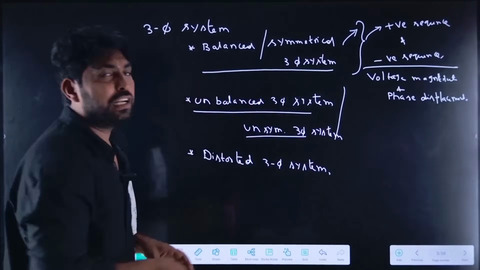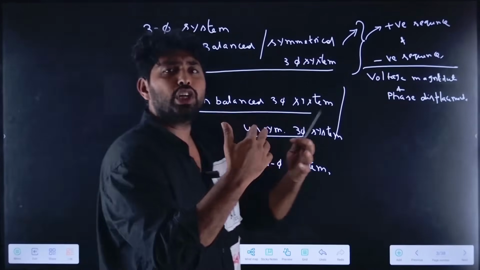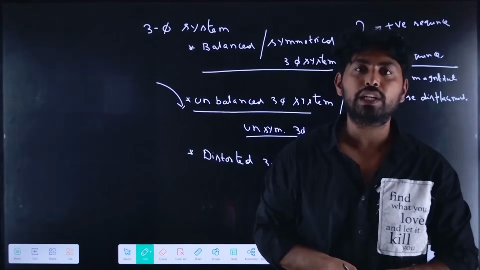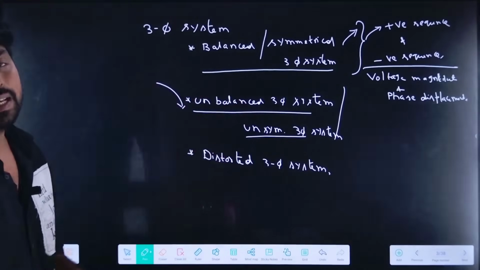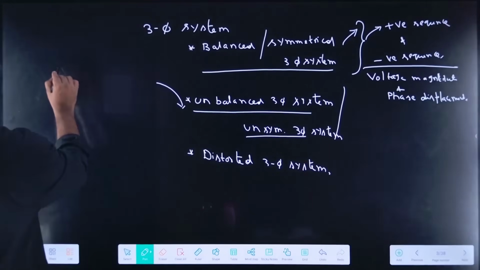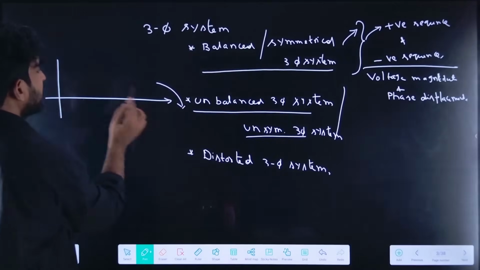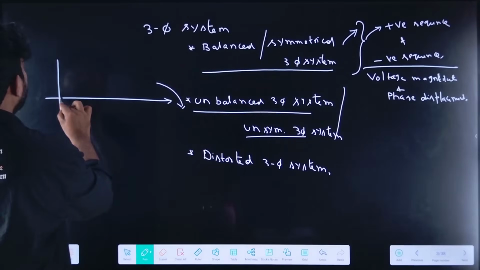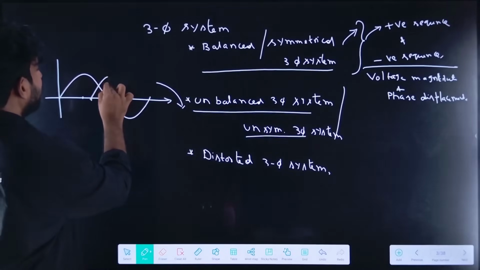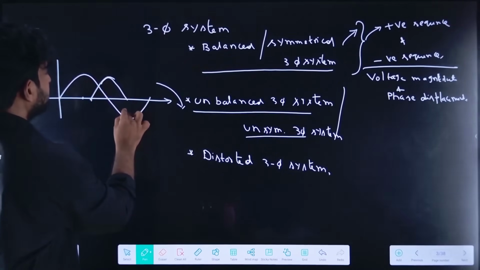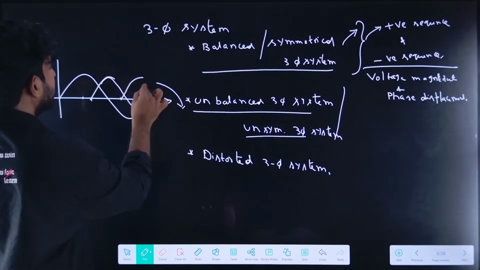So what is an unbalanced three-phase system? The voltage magnitudes are not the same, and the phase displacements are not 120 degrees. We can call this an unbalanced system. For example, if I draw VR, it will be like this. After 120 degrees, VB will start, and after 240 degrees, VC will start.